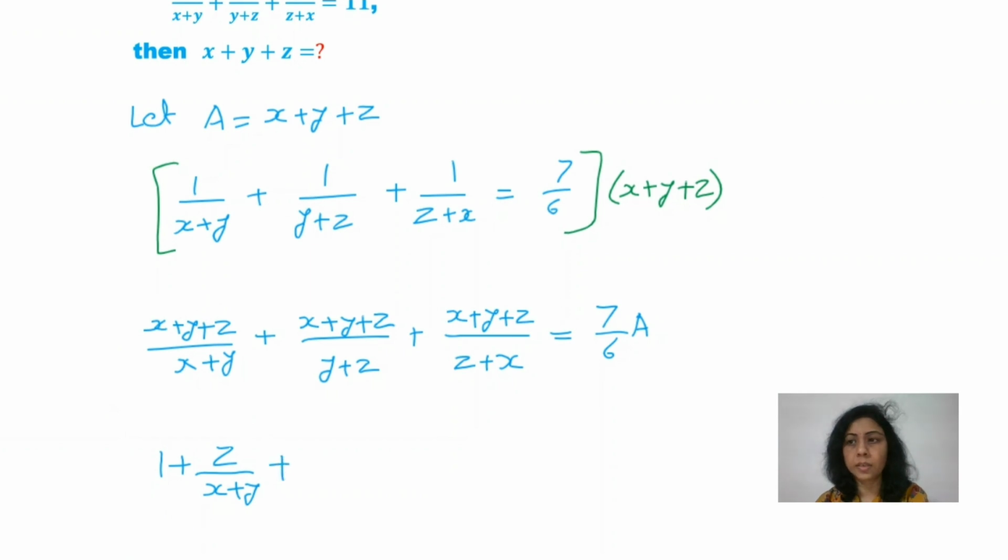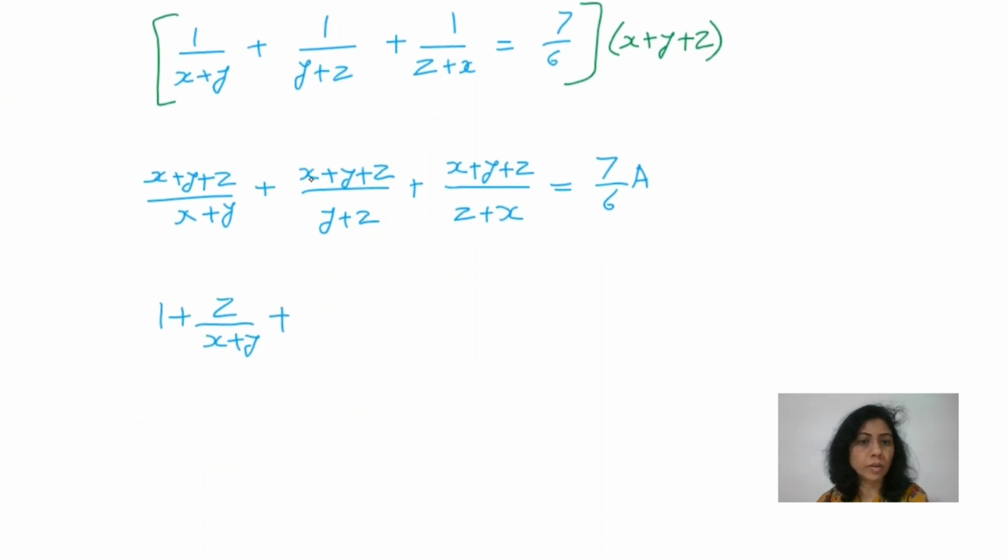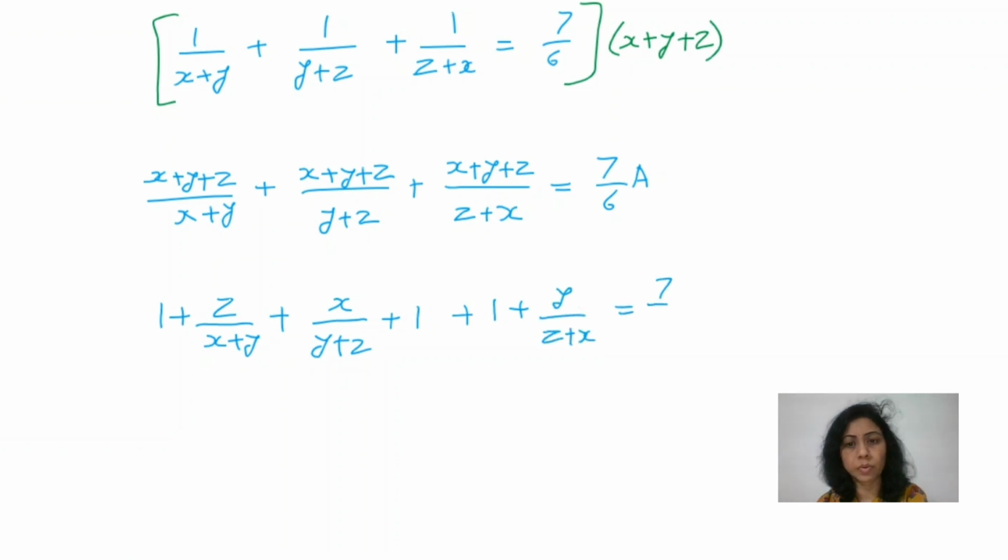And here x upon y plus z, and y plus z divided by y plus z we get 1. Here x plus z divided by z plus x we get 1, and y divided by z plus x is equal to 7 upon 6 a.